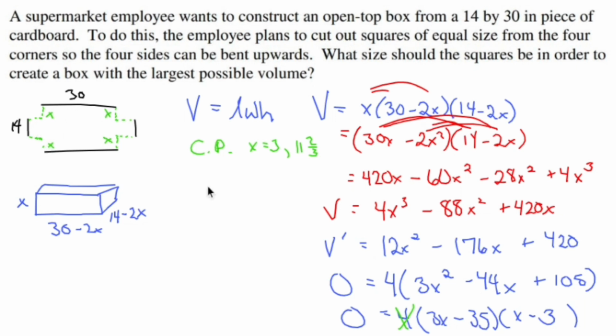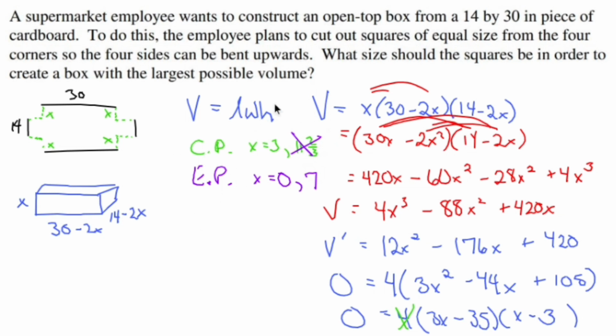So I have legitimate endpoints of 0 because I can't have 0 squares to cut out. And I can't go further than 7. If I were to try to make 8 my x, that's too much to cut out. So 7 is one of my endpoints and 0 is one of my endpoints. But since I found out that 7 is an endpoint, 11 and 2/3 can't work.